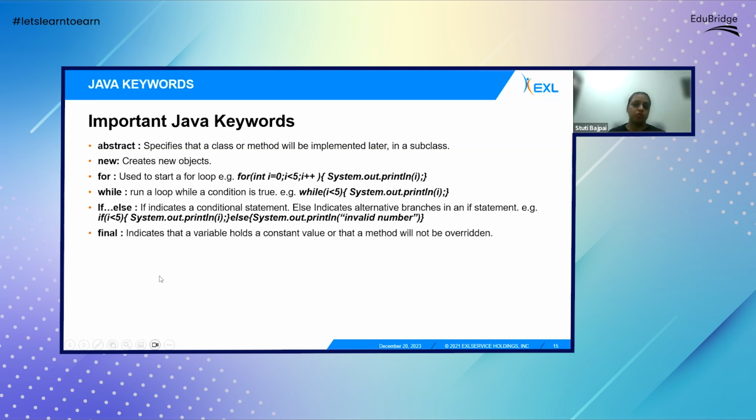Final, and I told you about static: any method that you say is static belongs to the class. Any variable that you say is static belongs to the class and not the object, which means the behavior is going to remain the same for all the objects. Final makes a method final, which means it cannot be overridden. You cannot further change the behavior of this method.